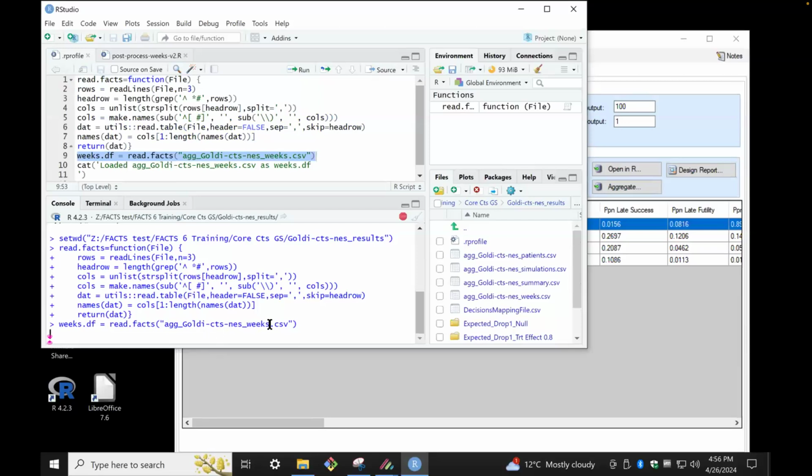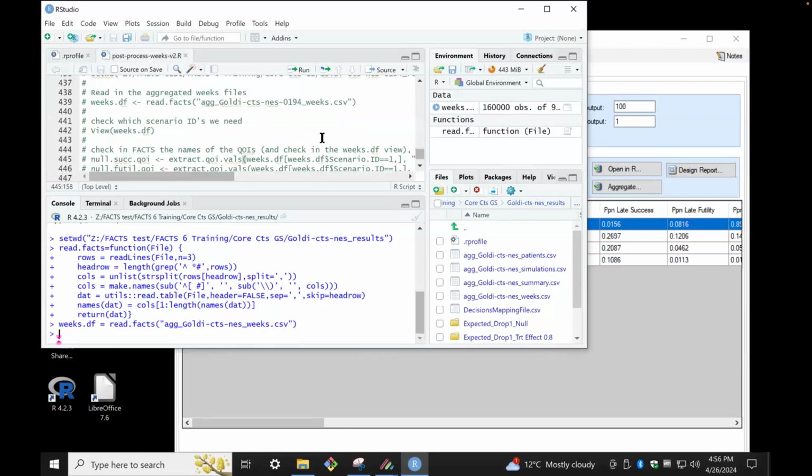That's going to take a while with 40,000 rows. There we go. Sorry, 160,000 rows, because there's 4 rows per simulation, a row per interim, not just a row per simulation.